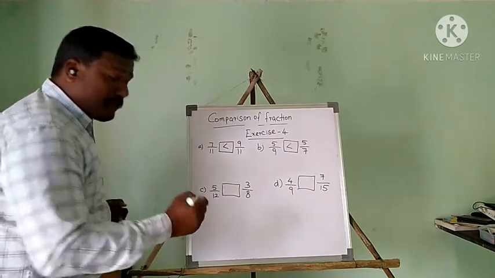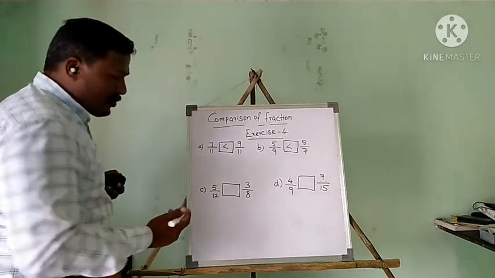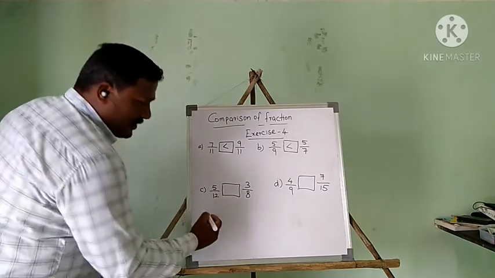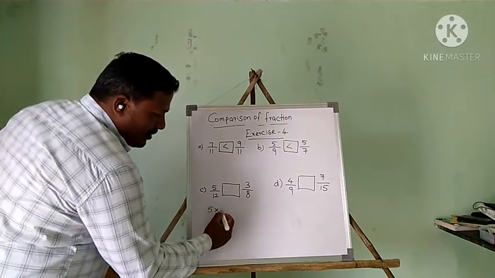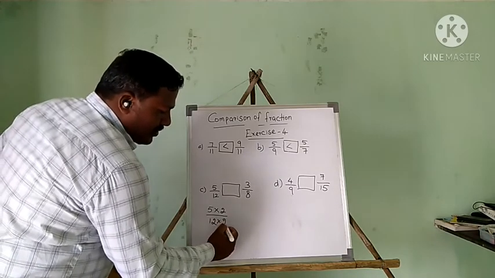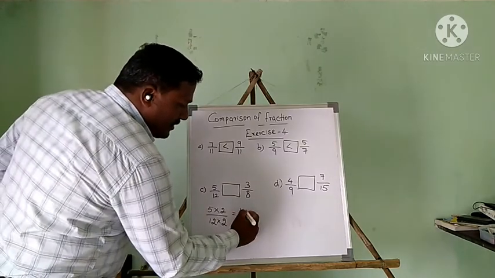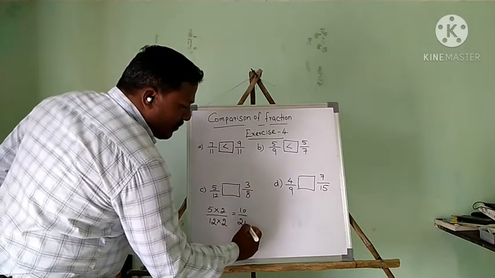Which number, if you multiply with 12, will become 24? 2 12s are 24. So 5 into 2 divided by 12 into 2. If you multiply by 2, we get 5 into 2, 10, divided by 2 12s are 24.